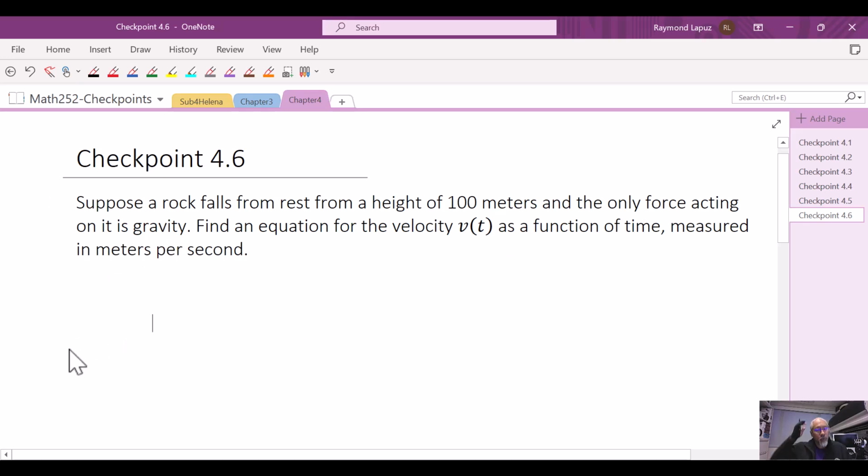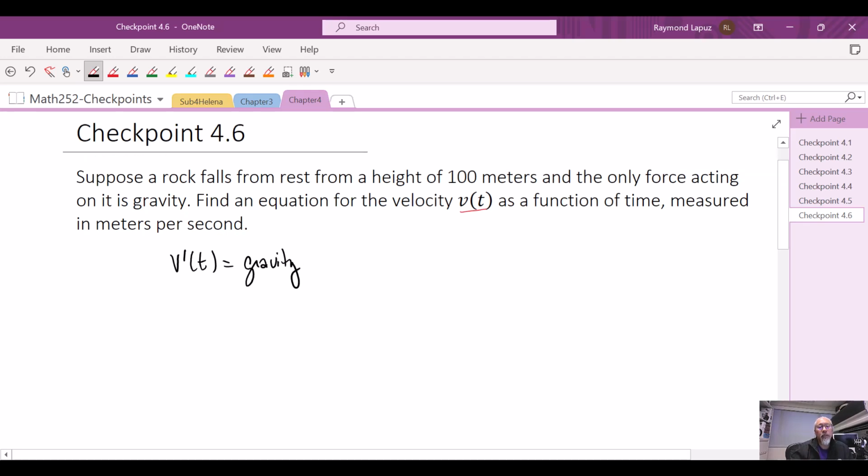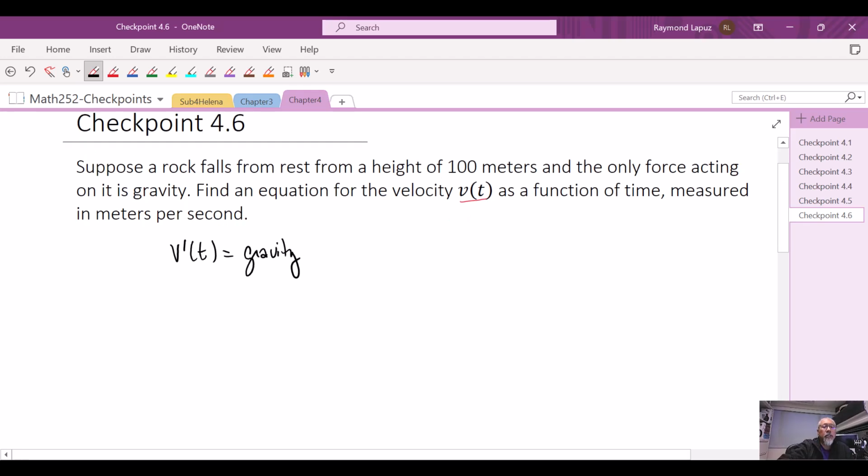All right, so we will start off with a differential equation. The derivative of the velocity is equal to the gravity. So that's the force that's happening. We can write this as a differential equation that says dv dt is equal to whatever the gravity is.